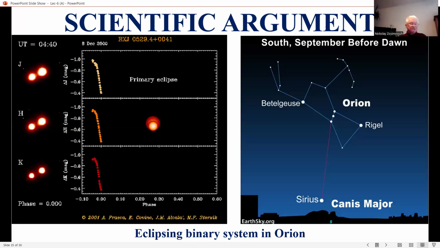When the smallest star moves behind the largest star, you lose the light coming from the total area of the small star. And when the smallest star moves in front of the largest star, it blocks off light from the same amount of area on the largest star.